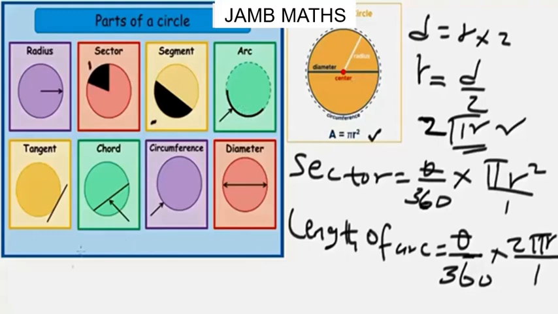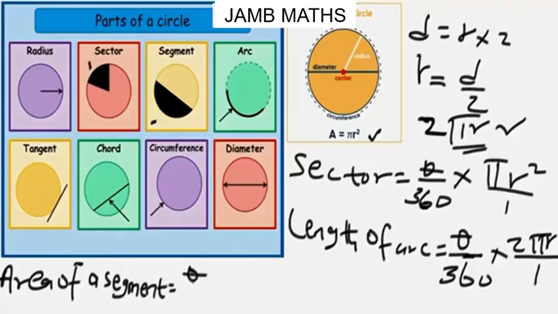So basically, the area of a segment will be area of sector, which is theta over 360 times pi r square over 1, minus area of the triangle inside the circle, which is calculated using half. Now, the lengths in the circle, which are the two radii in the circle, is going to be half.